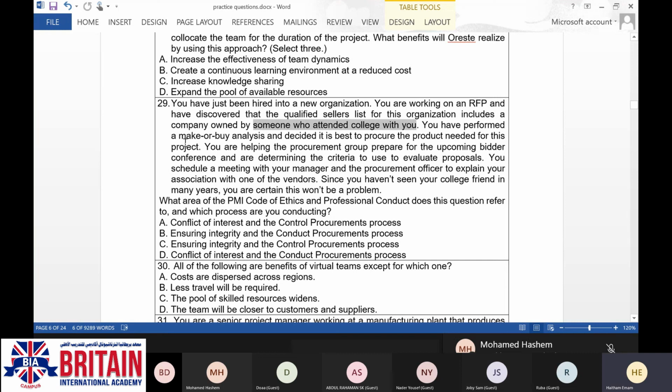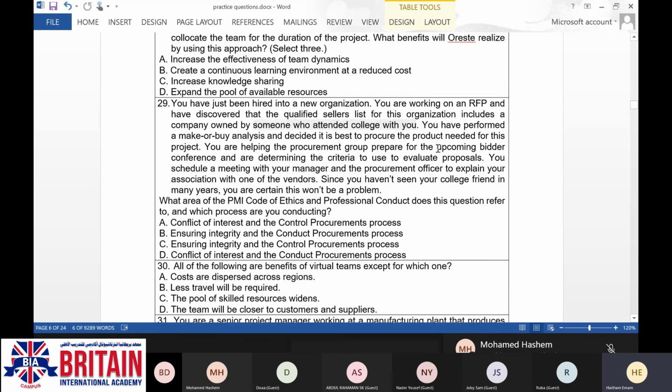You have performed make or buy analysis and decided it is best to procure the product needed for this project. You are helping the procurement group to prepare for the upcoming bidder conference.